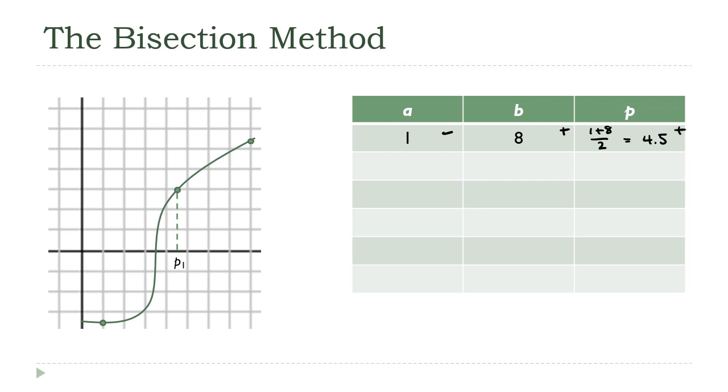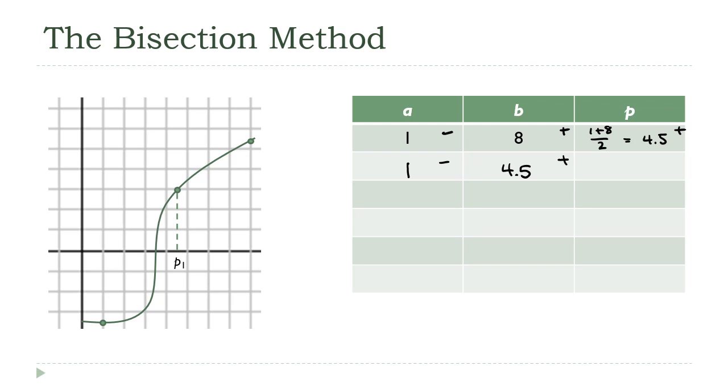So I'm going to replace the original positive endpoint of the interval, the 8, with the midpoint, and I'm going to keep the negative endpoint the same. Now see what happened here. This has given us a smaller interval that the intermediate value theorem still guarantees there's a root in.